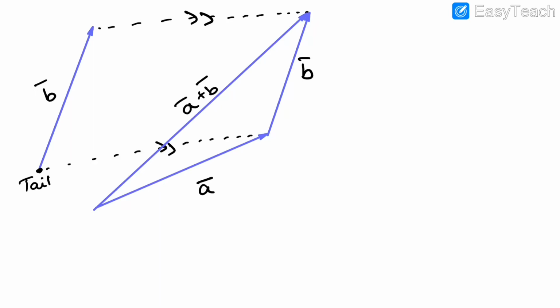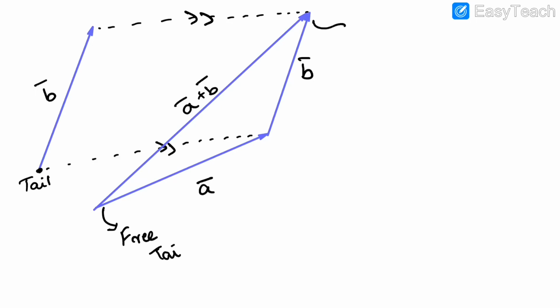It will point from the tail of the first vector to the head of the last vector. What do first and last mean? First means whichever tail is free. So from the free tail to the free head. This is the free tail. A vector has a free tail, but it does not have a free head. Its head is coinciding with the tail of B vector. Similarly, B does not have a free tail.